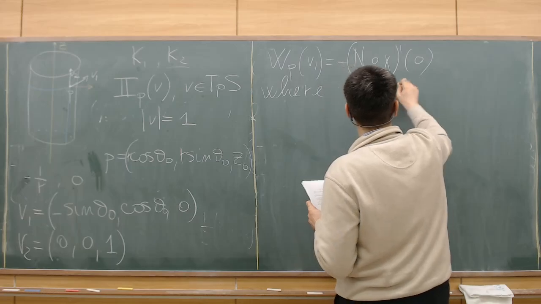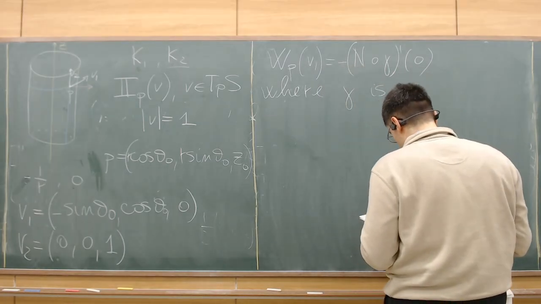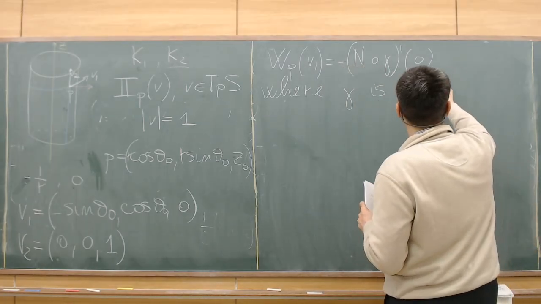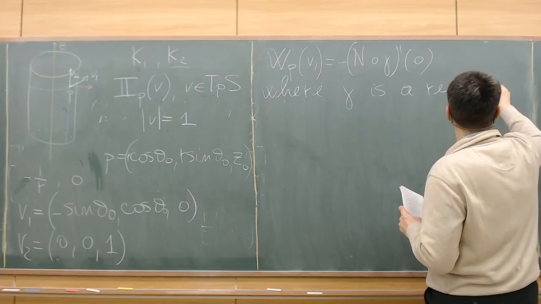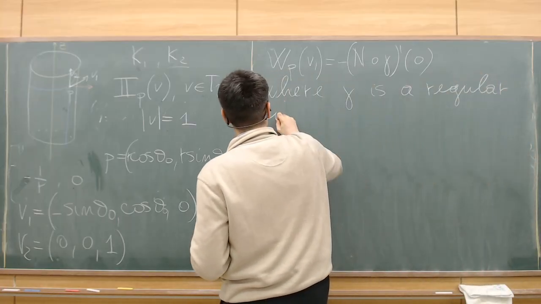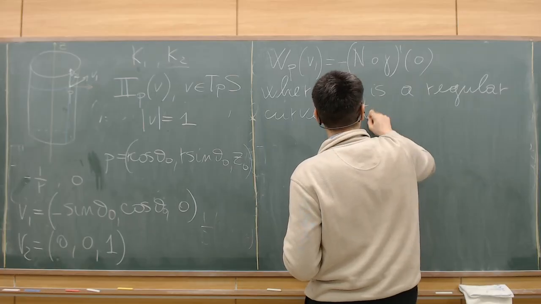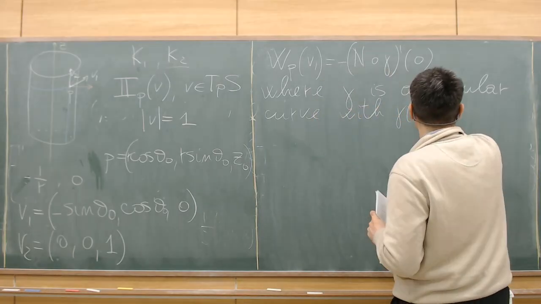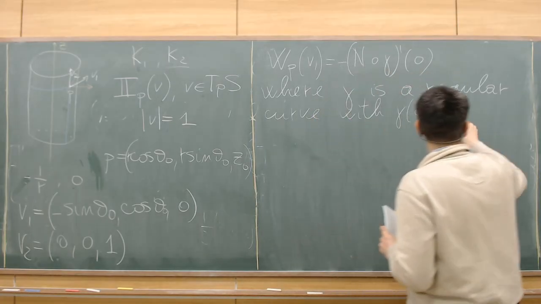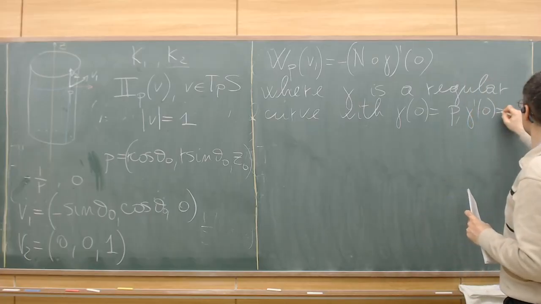gamma is a regular curve with gamma(0) equal to P, gamma prime(0) equal to v1.